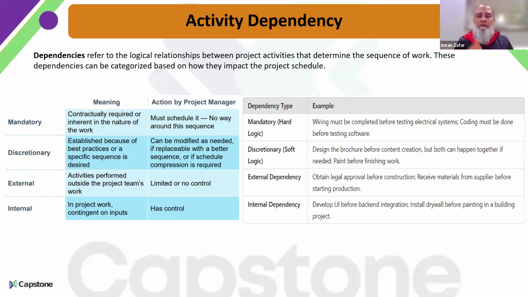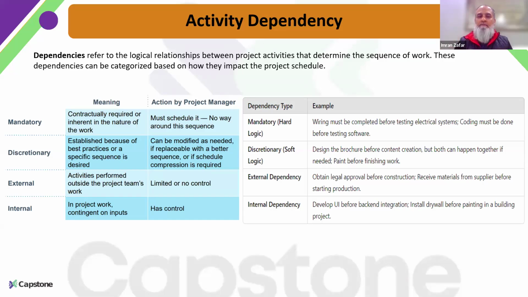Let's talk about a construction project. We cannot start work unless we have, let's say, some permits. So that is a dependency. I cannot start maybe excavation unless I have the permissions, or the required fencing work is done, or I have the required material, tools, and labor available. So these are the dependencies between each and every activity.